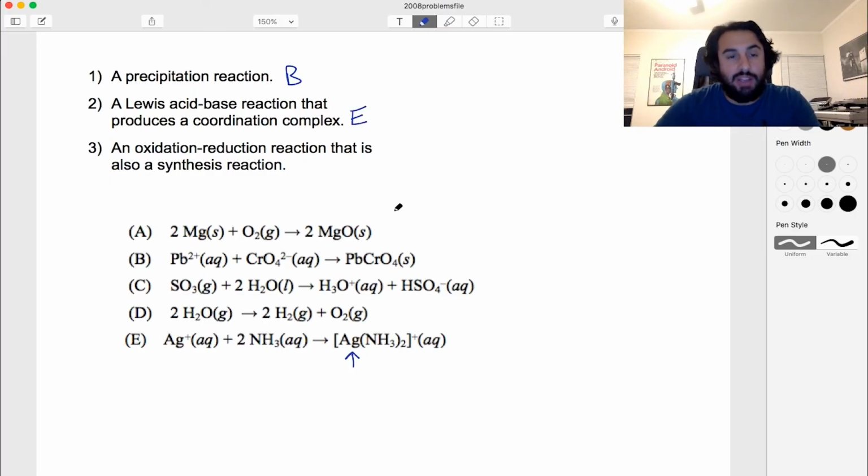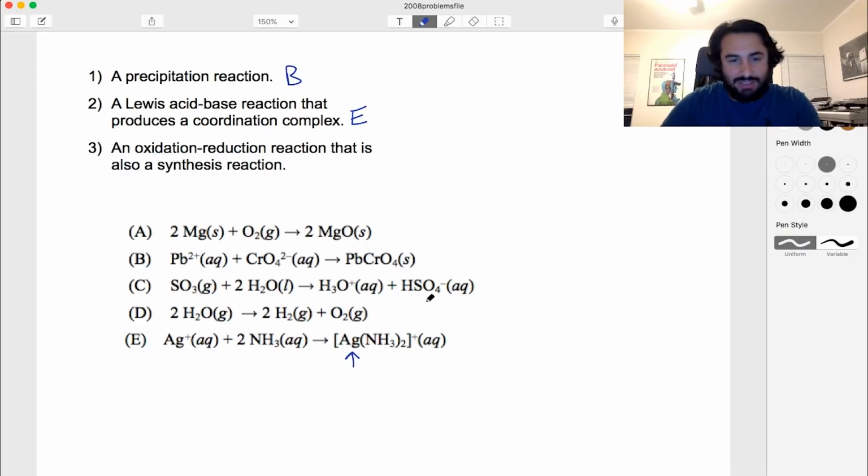Then number 3, an oxidation-reduction reaction that is also a synthesis reaction. So for a redox reaction, we know that there's going to be an exchange of electrons. Something is oxidized, something is reduced. There is electron transfer going on. But a synthesis reaction is one in which we have 2 things becoming one thing. So anything that's not two things becoming one thing is not going to work.